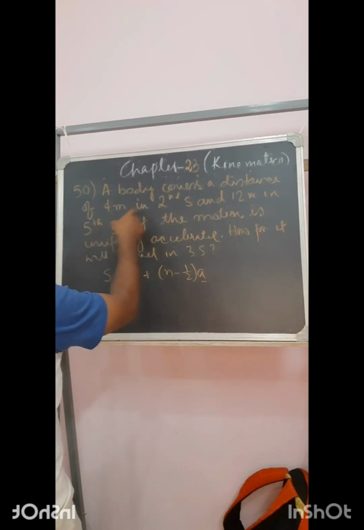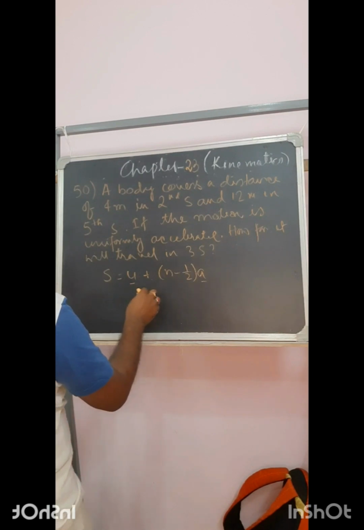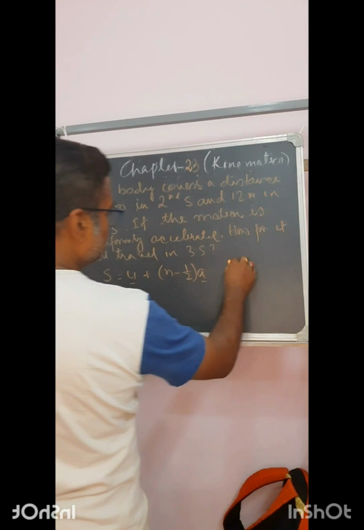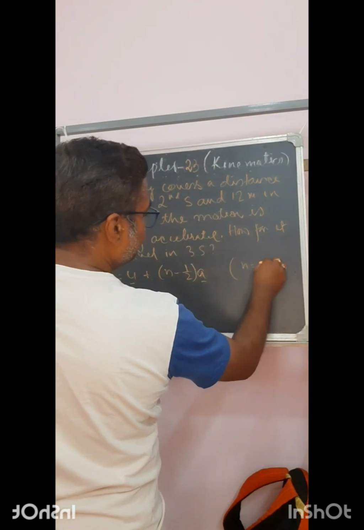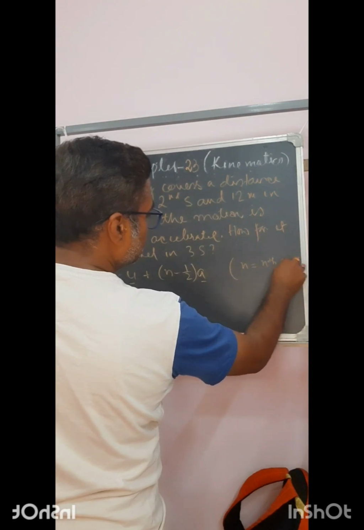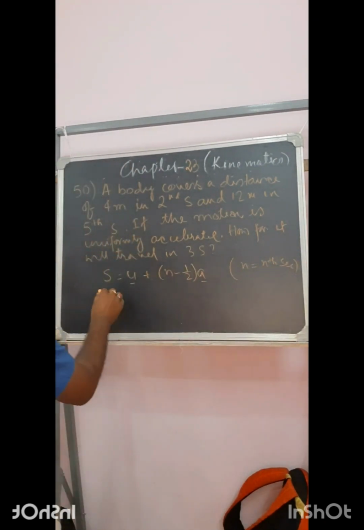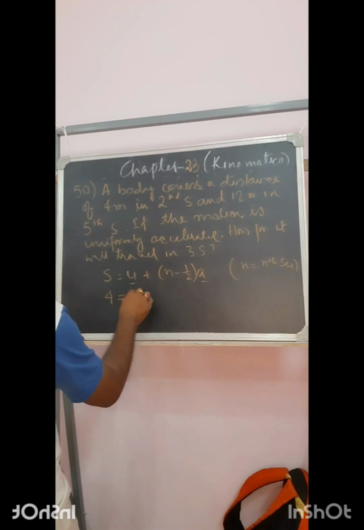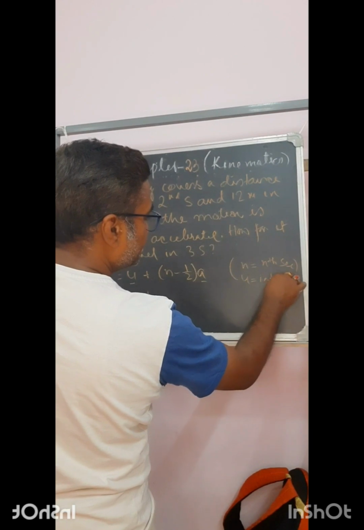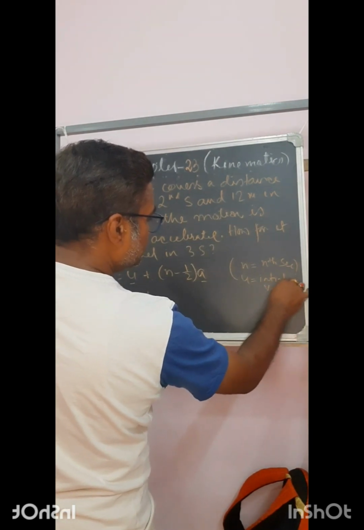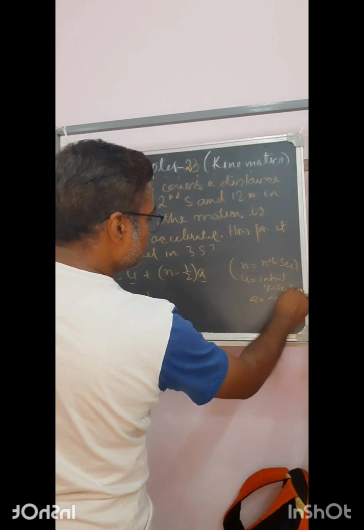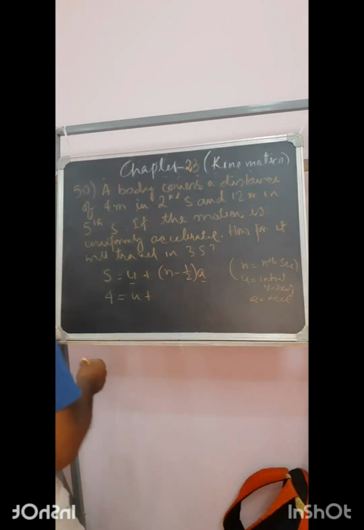First set of values, 4 meter, n is equal to 2 second. Okay, so this is Galileo's trick.